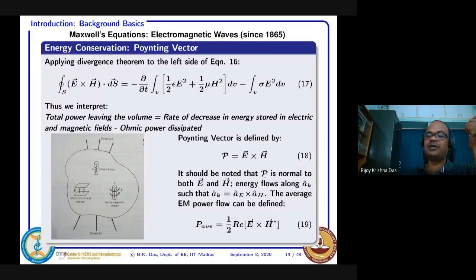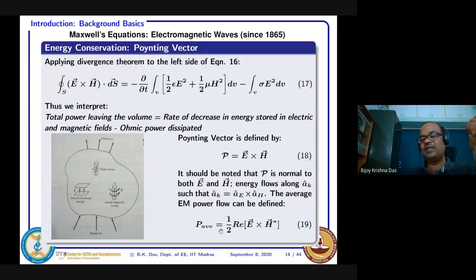Then only it is equal to the case when you are considering E and H as real. Since you are using complex exponential terms for E, for the H field you have to take the complex conjugate, and that will be a complex value. You take the real part of that and divide it by 2, then only it will be the time average.